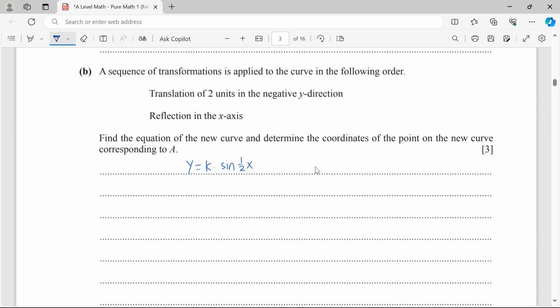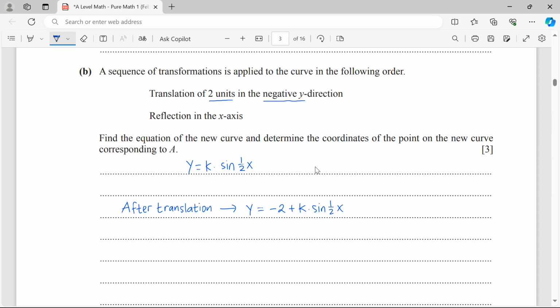Now after translation, the equation becomes y equals, the translation of two units in the negative y direction, so that means you just need to subtract the y value by 2. So we can say like this, negative 2 plus k times sine 1 over 2x.